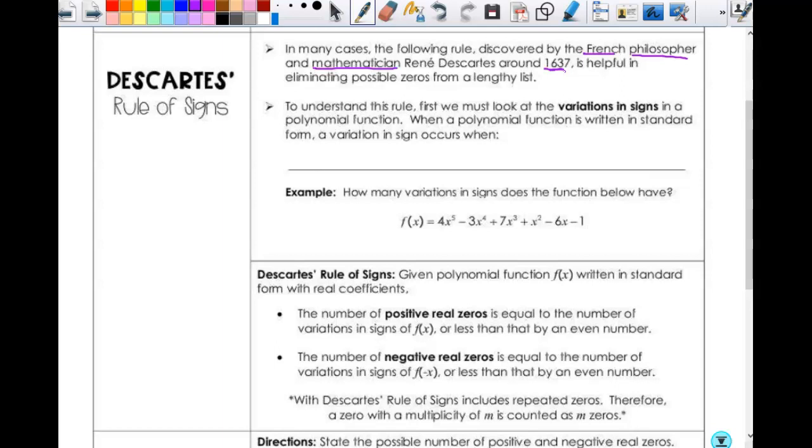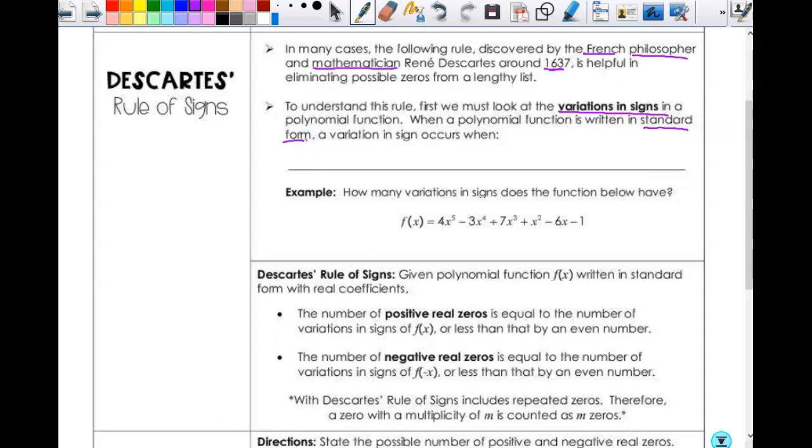So to understand this rule, we must look at the variations in signs in a polynomial function. When a polynomial function is written in standard form, that means your exponents go in descending order.